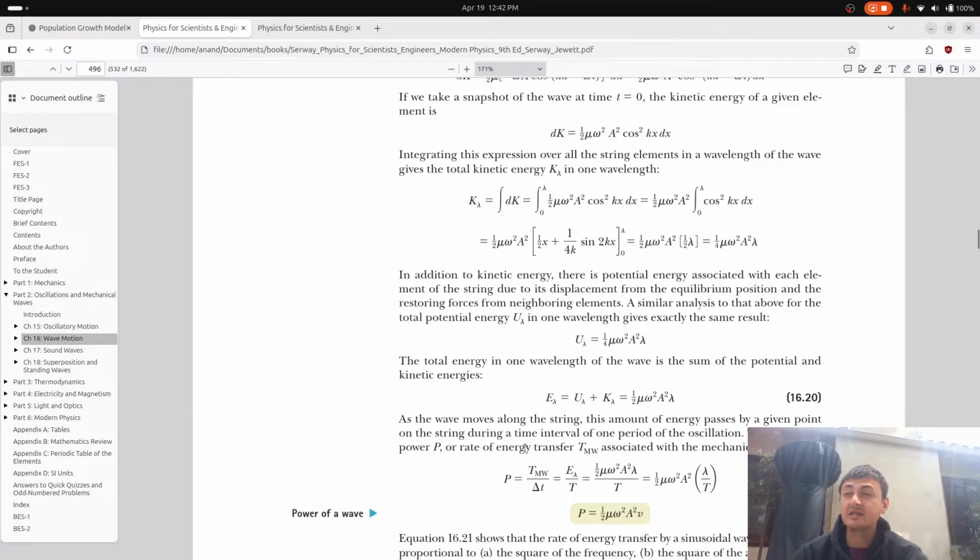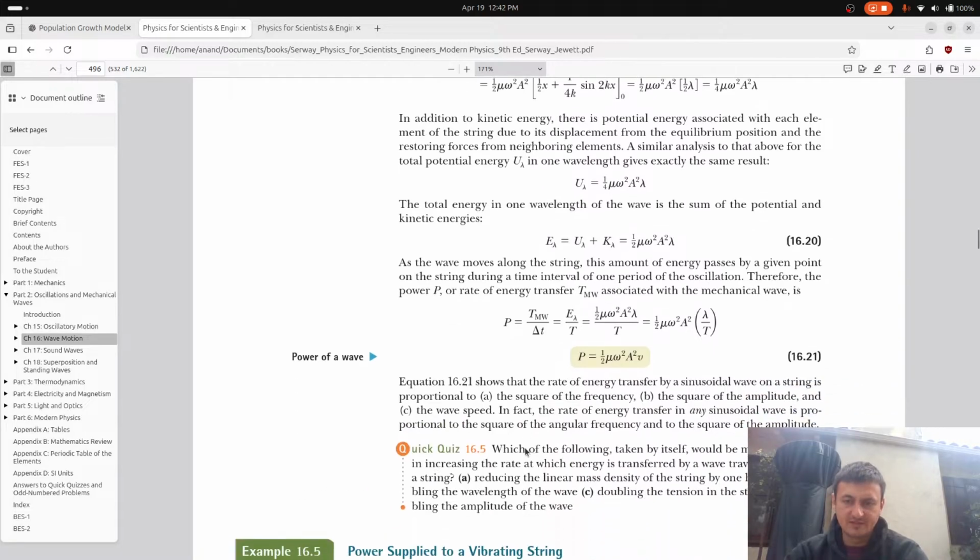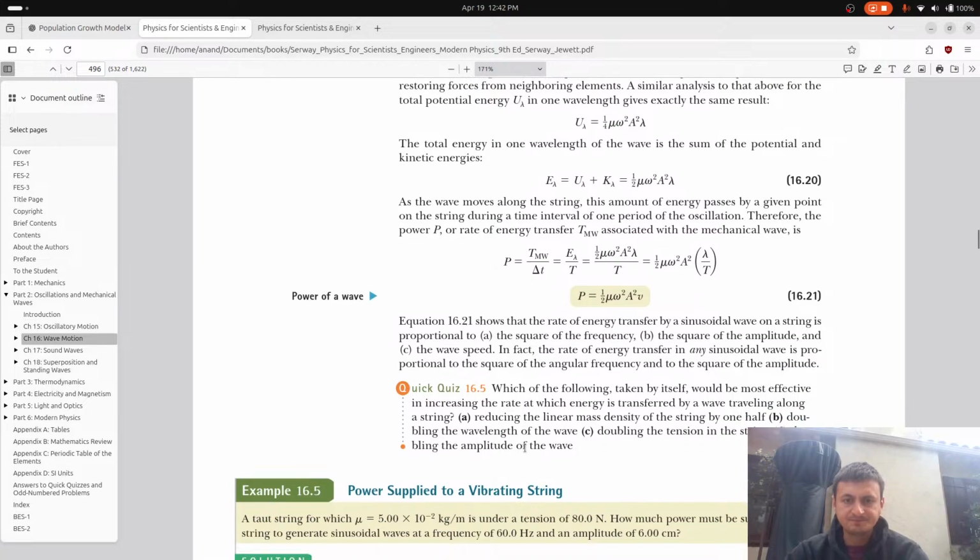I think the main thing was that the wave speed has a sine theta term in it or something like that. Anyway, so this is the power in a wave.